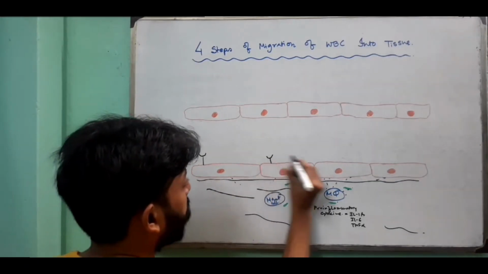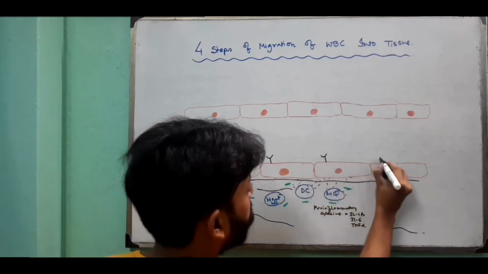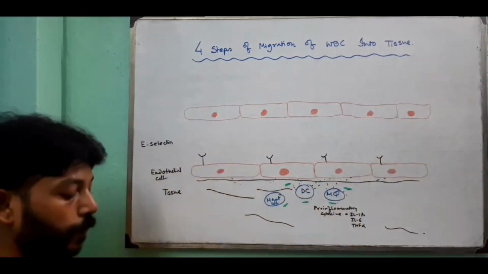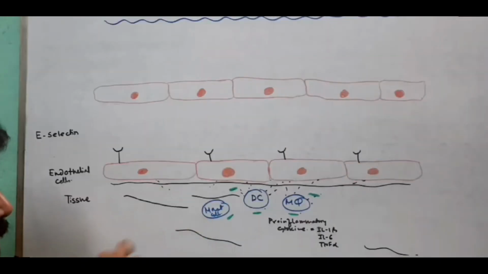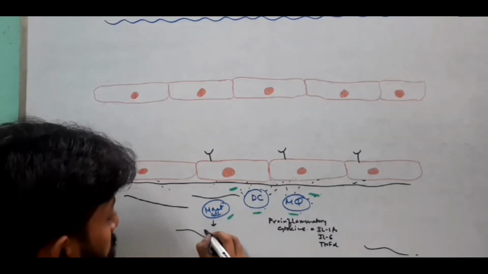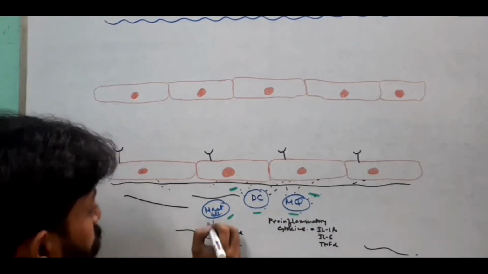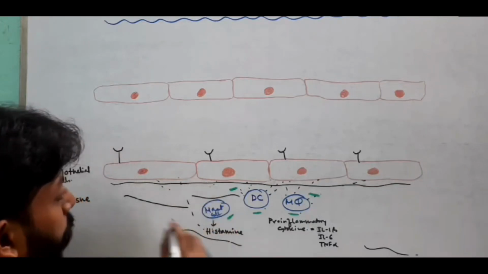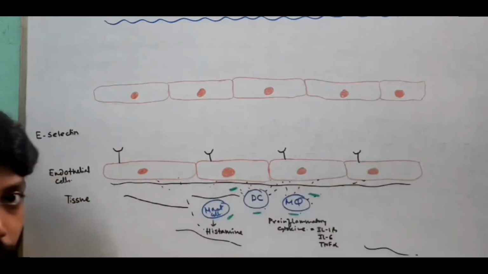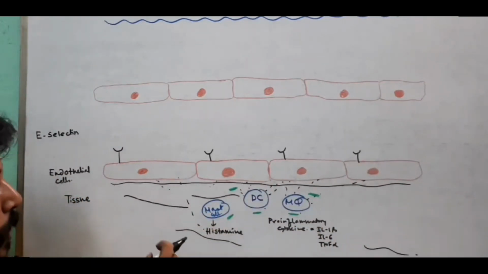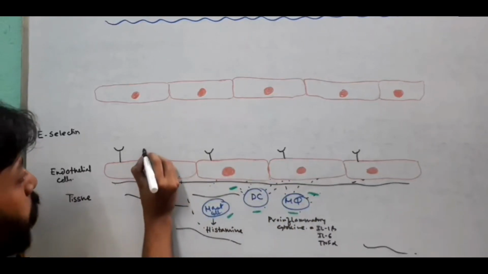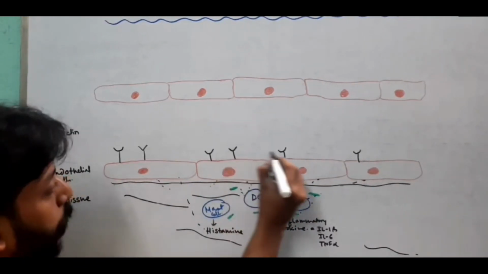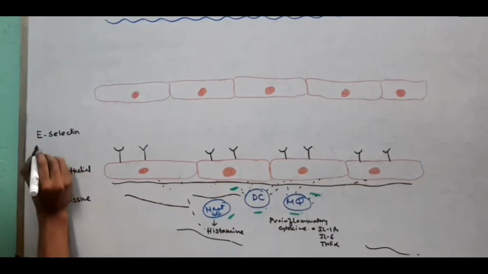All the endothelial cells start to express E-selectin, and when the mast cell recognizes any pathogen, it starts to produce a chemical called histamine, and this molecule also reaches all the endothelial cells, and in response to histamine, these endothelial cells also express another type of selectin molecule called P-selectin.